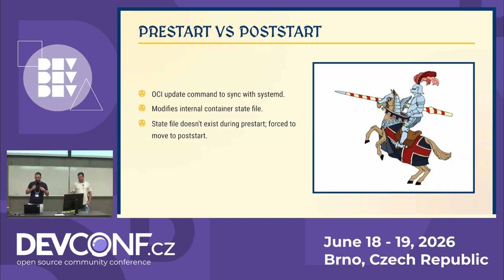So what we ended up doing is use OCI update. In the first implementation, we used OCI as a library, and now we understood we need to use it as a binary, because when you use it as a binary, you have the OCI update command, which edits the desired state file, syncs with systemd and makes it aware of our changes.